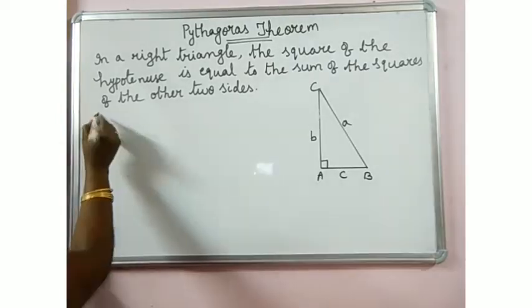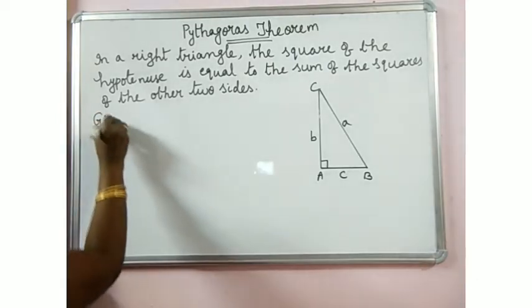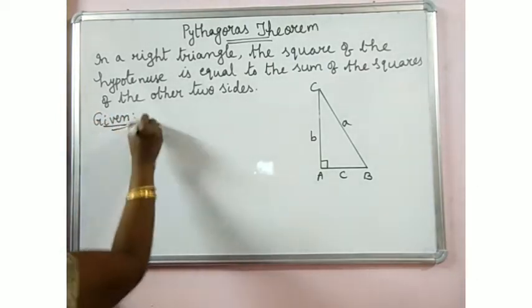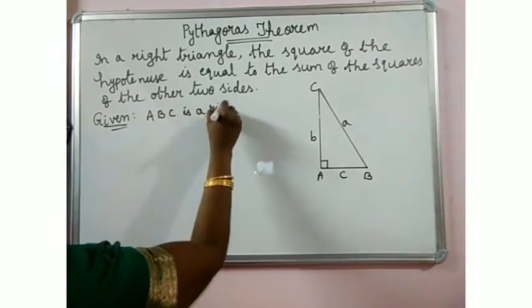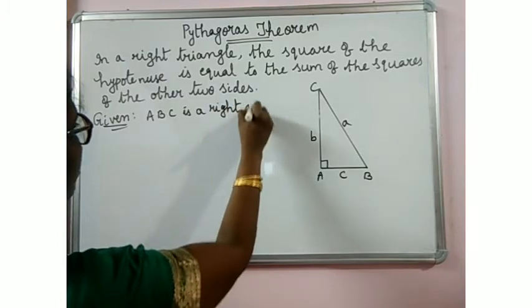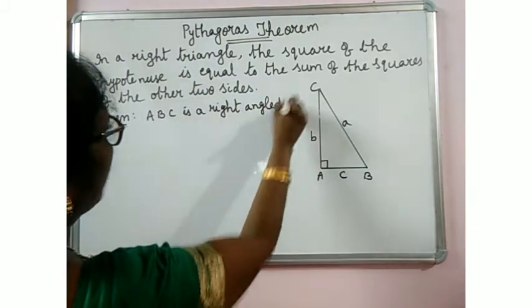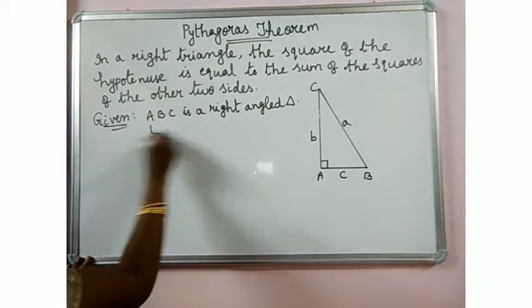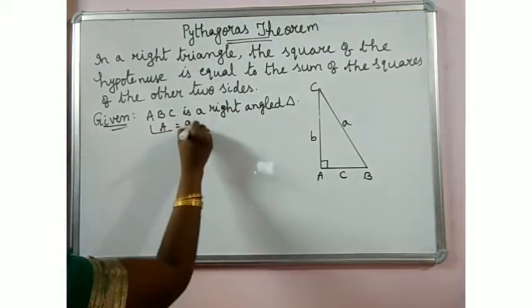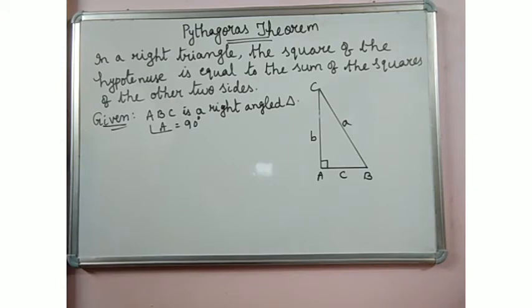So in this particular theorem, what is given is: ABC is a right angled triangle in which angle A is 90 degrees.